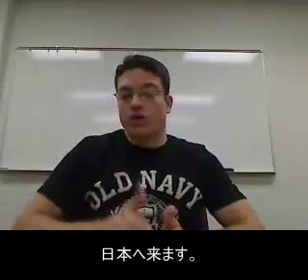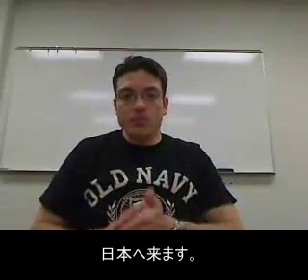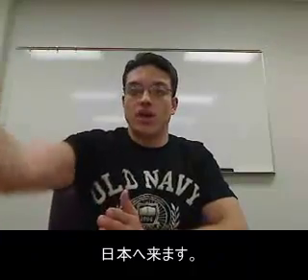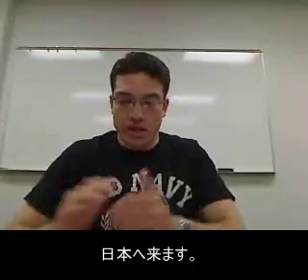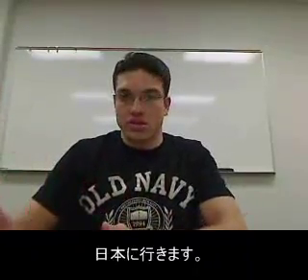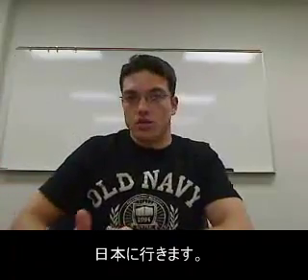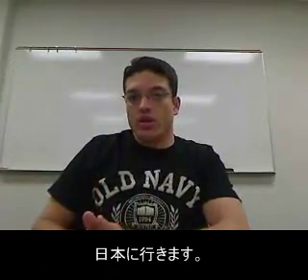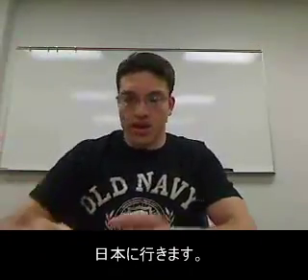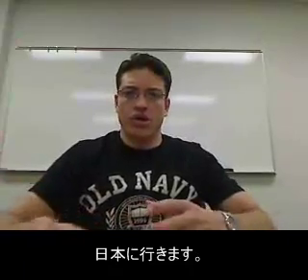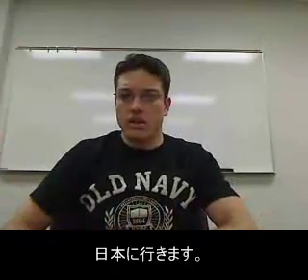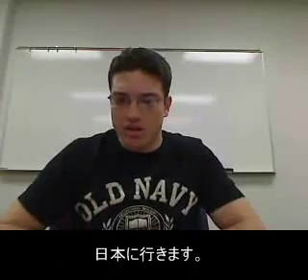Okay. On the other hand, ni is more like a direction of movement. So if you say Nihon ni ikimasu, go to Japan. So the action of going is towards Japan. There's some ambiguity between e and ni that will be explained later.